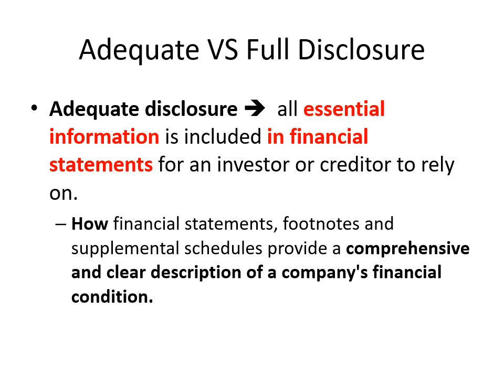For example, financial statements, footnotes, supplements, and schedules provide a comprehensive and clear description of the company's financial condition that is perceived as essential information for the users. This is what we call adequate disclosure.